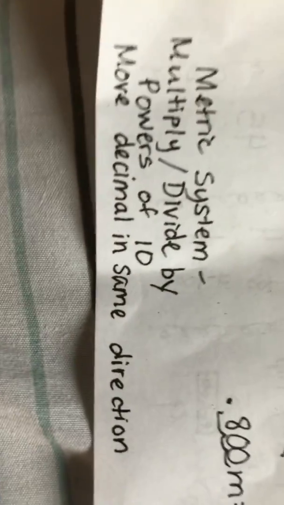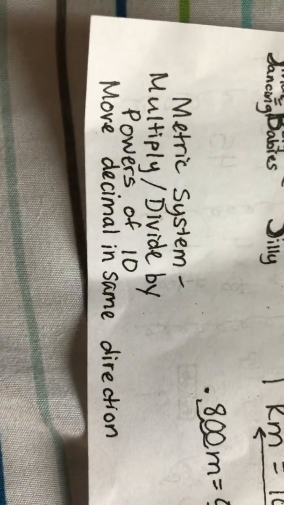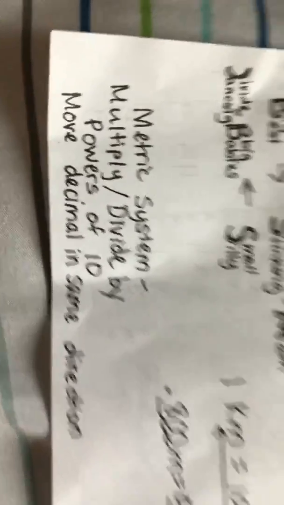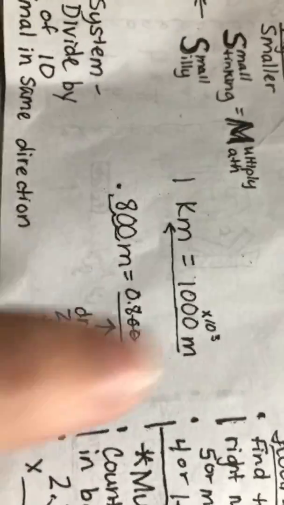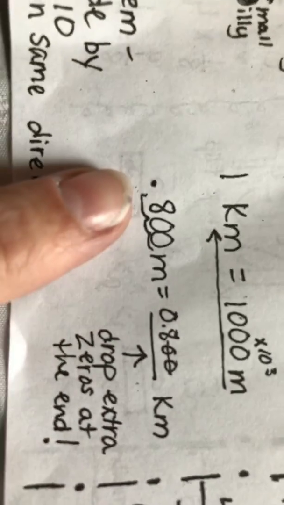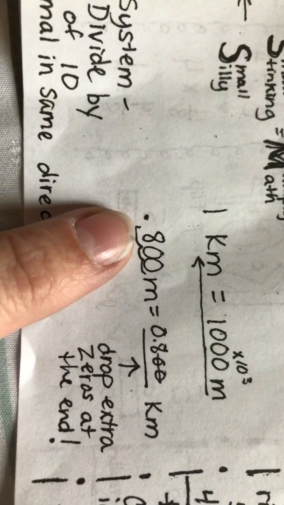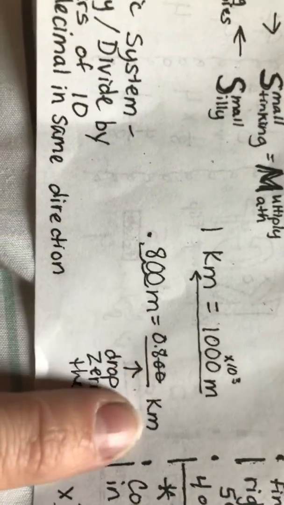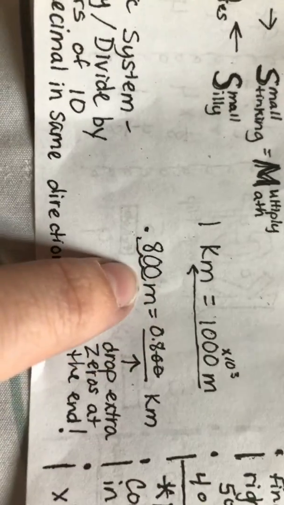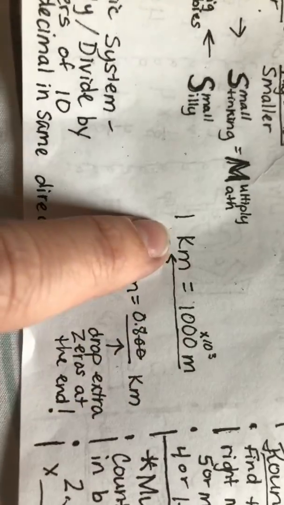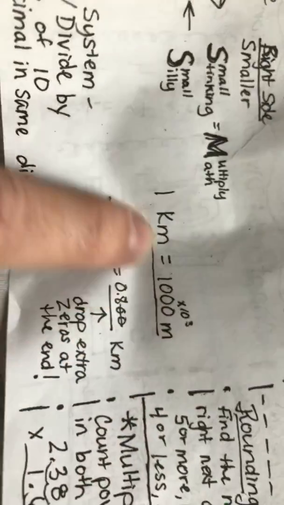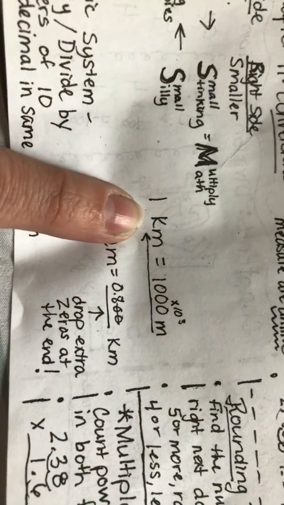Remember the metric system is you're multiplying and dividing by powers of 10. How many times are you moving that decimal? Metric system is your powers of 10. And then here's an example. If I had 800 meters and I wanted to turn it into kilometers, I'm going from meters to kilometers, which means my decimal is also going to be moving in that same direction, to the left.